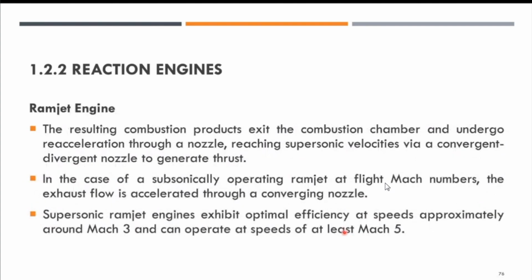The resulting combustion products exit the combustion chamber and undergo re-acceleration through the nozzle, reaching a supersonic velocity via the convergent divergent nozzle, like I showed just now. And the supersonic ramjet operates optimally at around Mach 3 and can operate at least up to Mach 5.